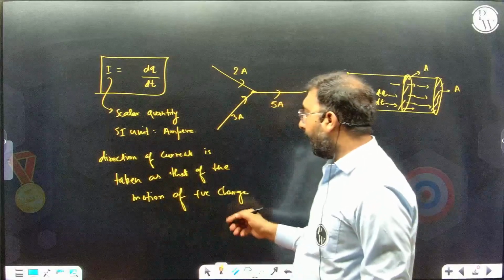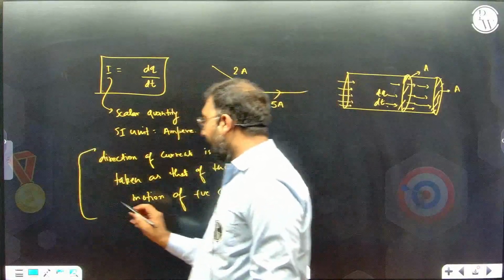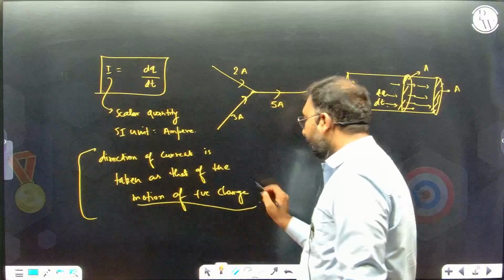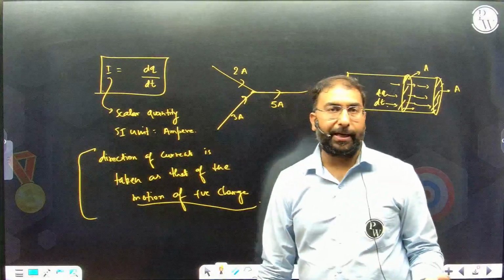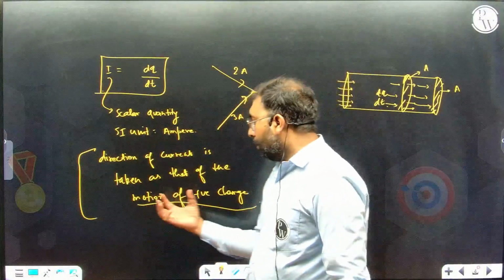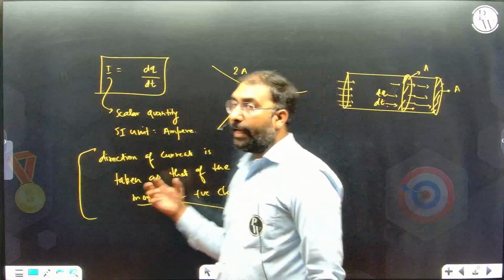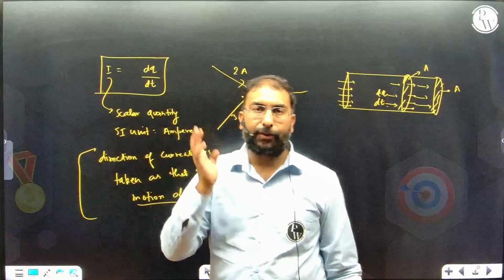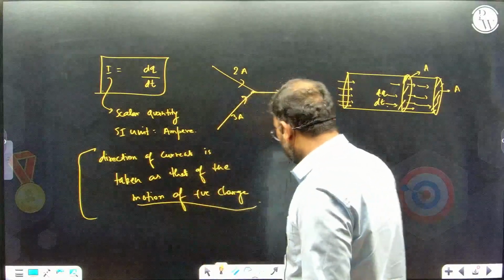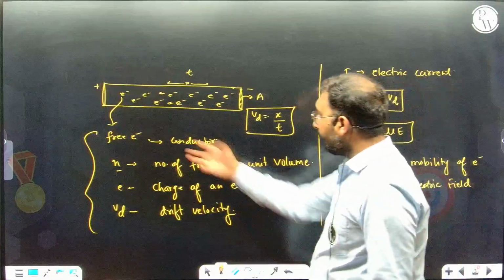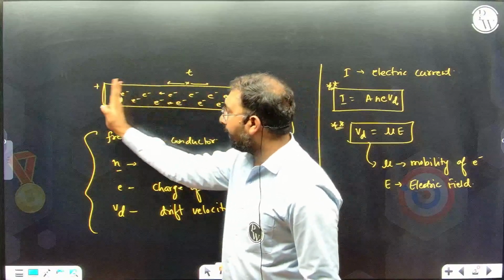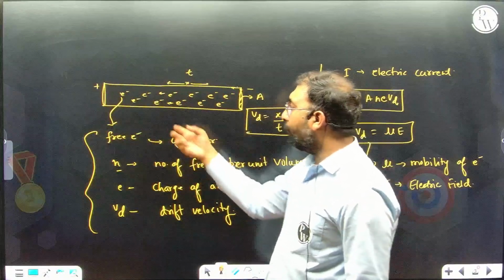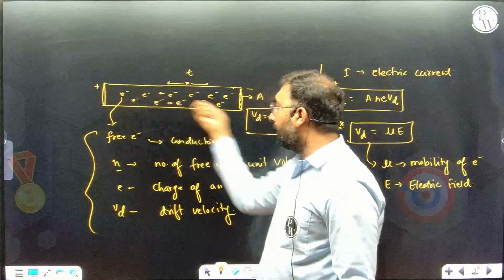So the direction of current will be taken as the direction of motion of the positive charge. But as we have only negative charges inside the conductor, we can consider the direction of current to be opposite to the direction of motion of the negative charge, okay? So we can see here that if electrons are moving in this direction, then we can think that virtually the positive charge is moving in this direction.